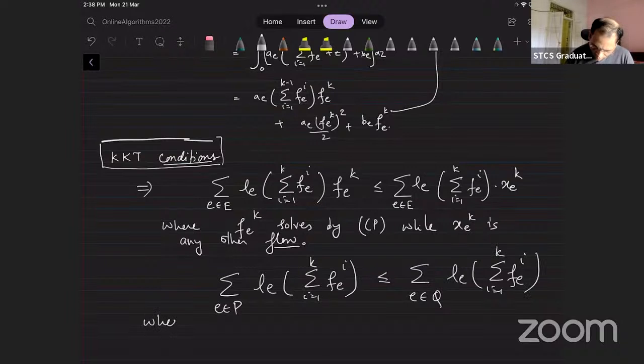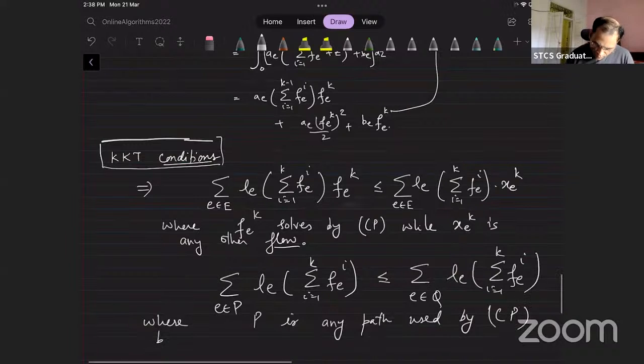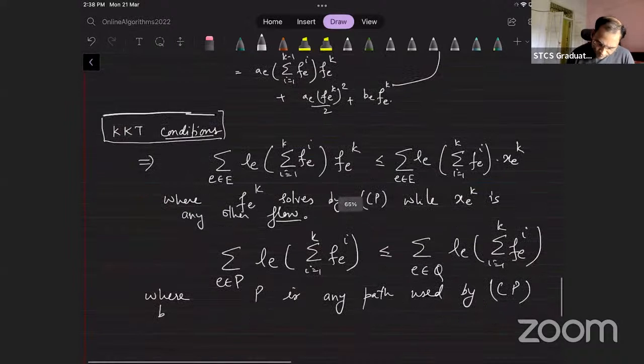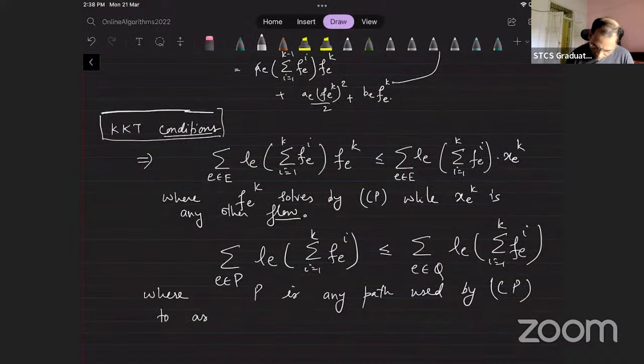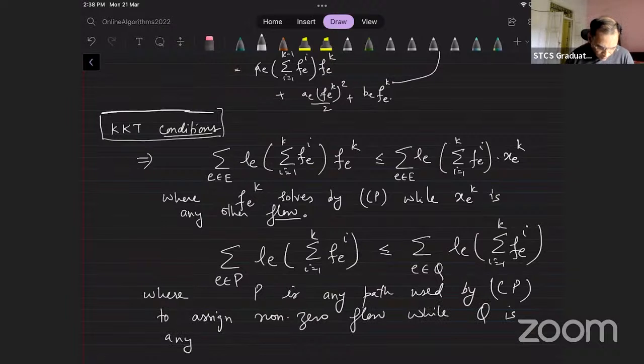Where P is any path used by the CP, the convex program, to assign non-zero flow, while Q is any other path from s_K to t_K.